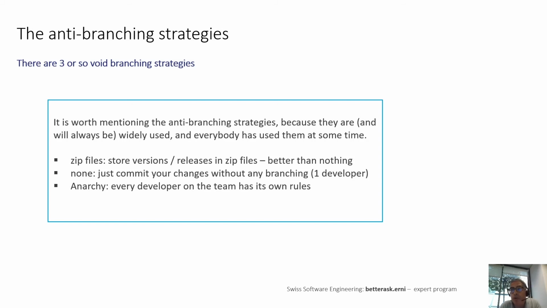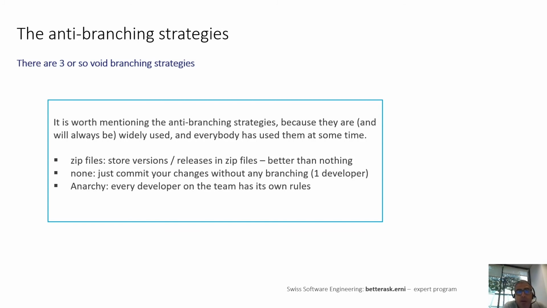You have your code and you don't have a versioning system, or you don't know how to use it. So I take the folder, make a zip file, put a label, this is version 1.0, and we go with this. It's not very nice, but it's better than nothing. And it's better, actually, than some version control systems, like Microsoft SourceSafe, which I mentioned in the beginning, which could actually destroy your code.